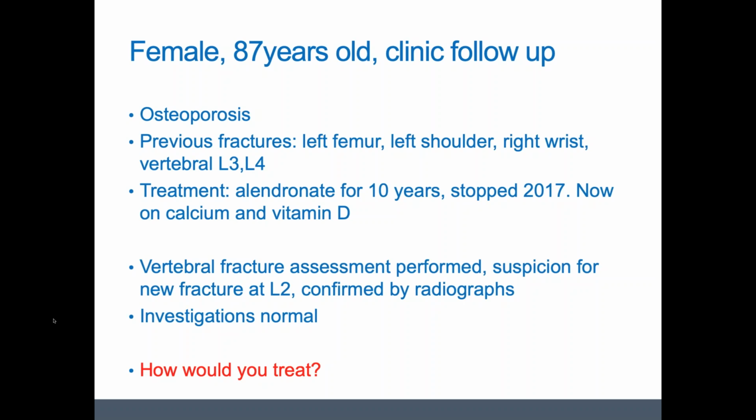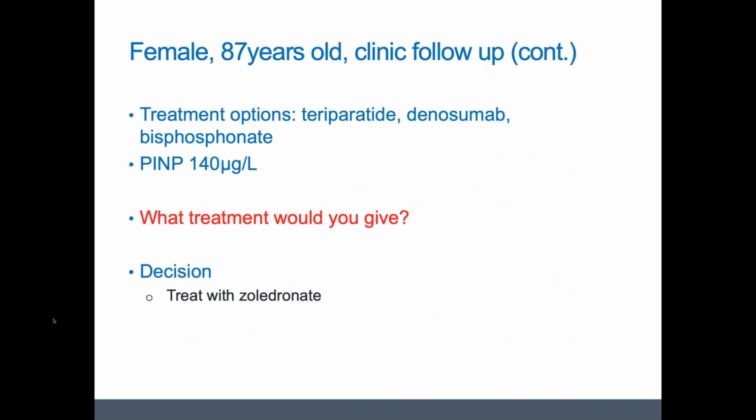We usually do an imaging of the spine when patients come to our clinic who have vertebral fractures, and we did that and found that she had a new fracture at L2, which was confirmed by radiographs. So what are we going to do now? What we did do is we obtained a P1NP result. The P1NP is now 140 micrograms per liter, so it's really quite high.